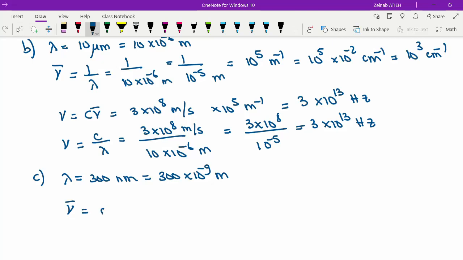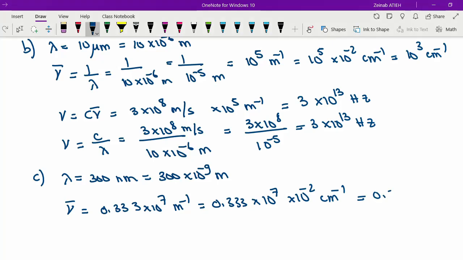It's equal to 0.333 times 10 to the power 7 meter minus 1, which is equal to 0.333 times 10 to the power 7 times 10 to the power minus 2 centimeter minus 1, which is written as 0.333 times 10 to the power 5 centimeter minus 1. Nu was found to be 10 to the power 15 hertz. You can do them on your own.